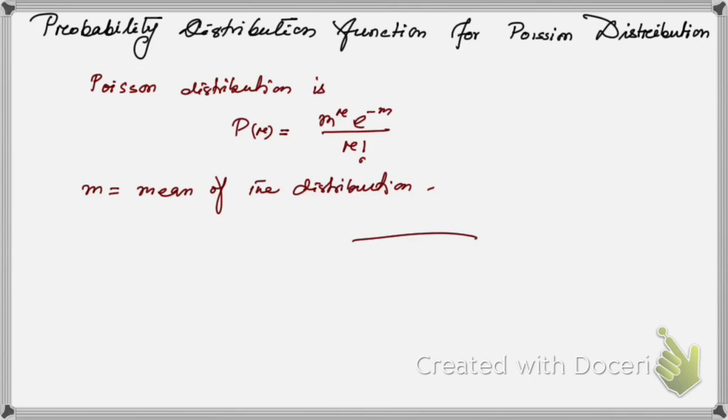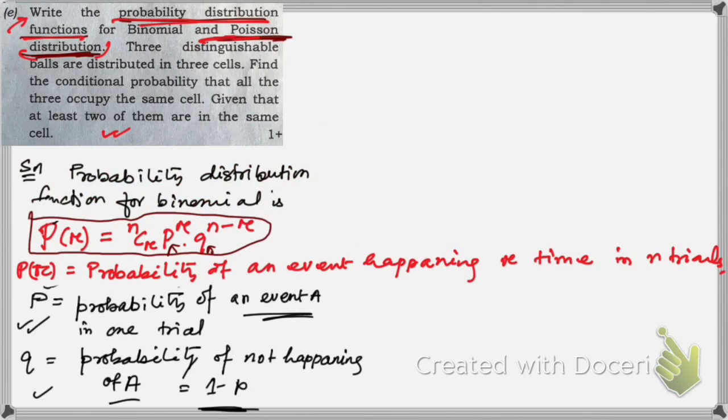Right. So now let me show you how to solve the numerical part. Okay. So 3 distinguishable balls are distributed in 3 cells. Find the conditional probability that all the 3 occupy the same cell when at least 2 of them are in the same cell.